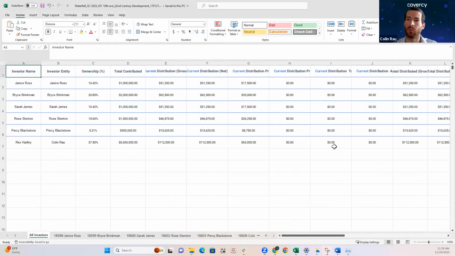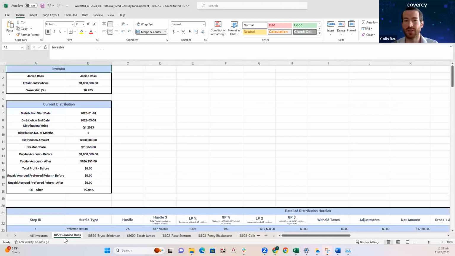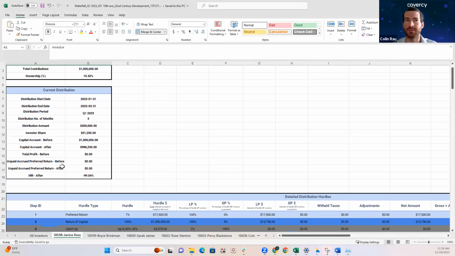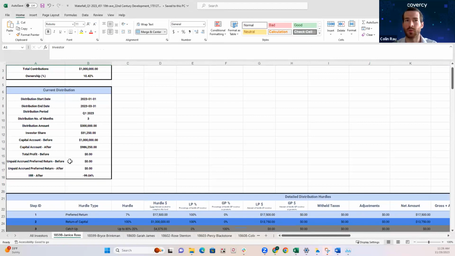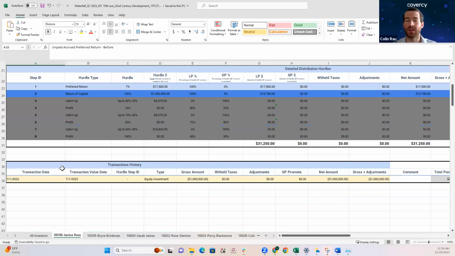And we can go through this, but where it becomes really interesting is that on an individual investor basis, we're going to break down exactly what happened here. So we're going to see all of the current distribution information laid out for us here. If there are any accruals we should be taking into account, we're going to see those accruals laid out for us here. We're going to break down the transaction history that led up to this distribution, which again has to do with those accruals.